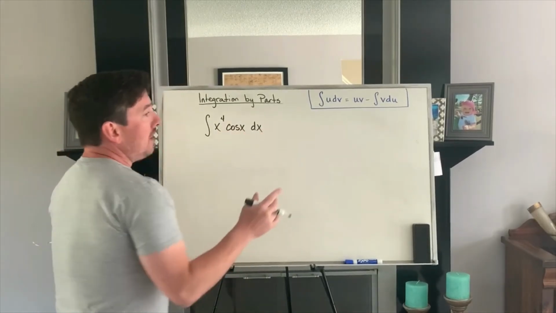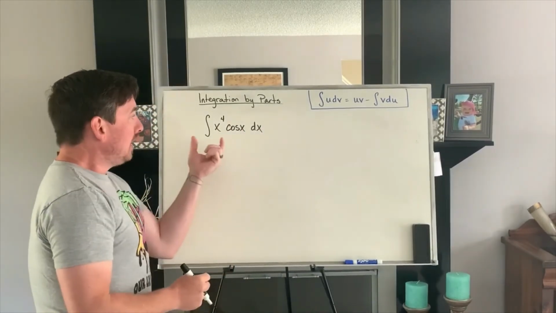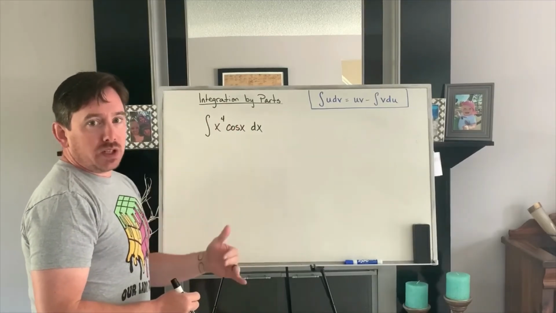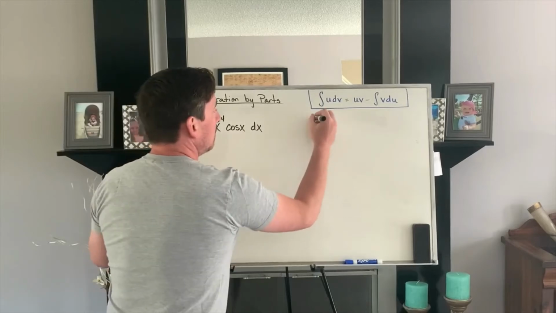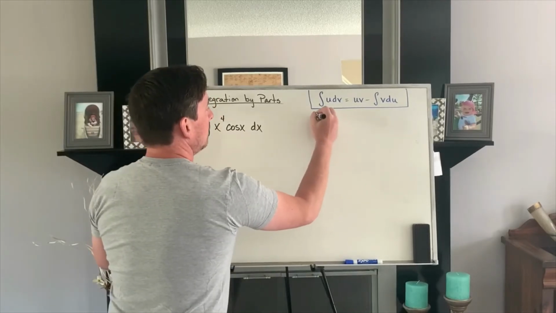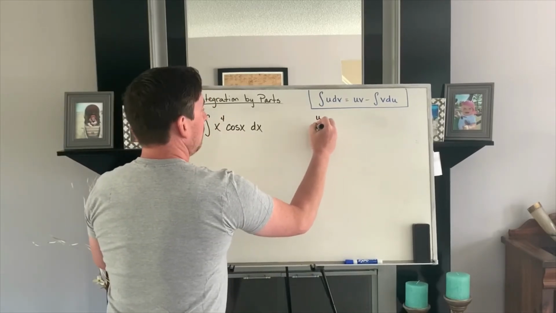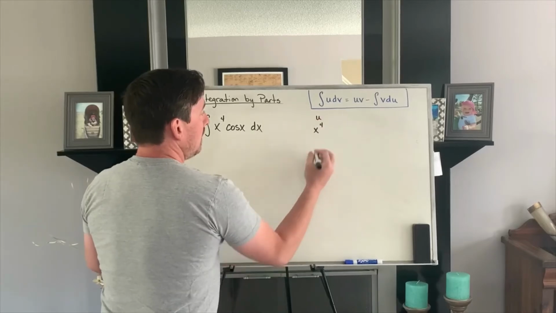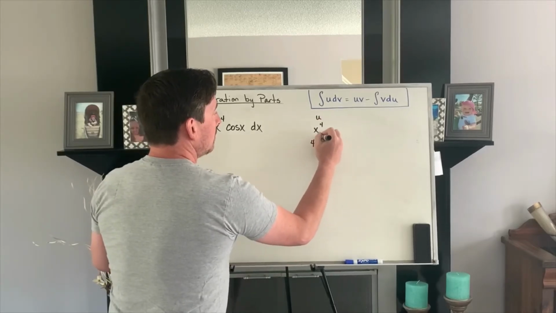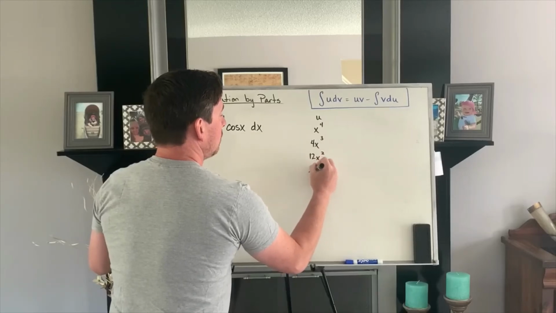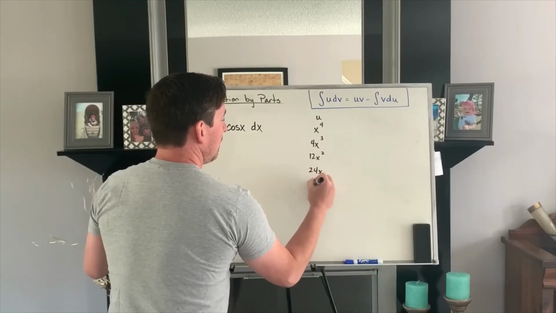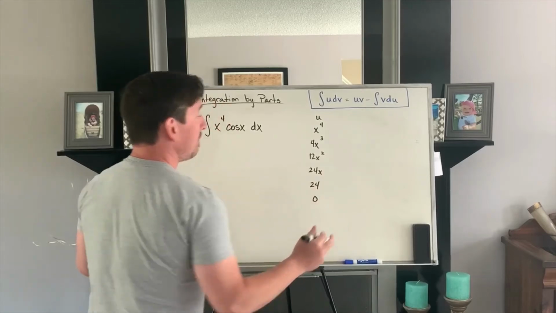So this only works if one of the pieces eventually goes to 0. So pick the piece that goes to 0. Here are all of my u's. Let's start with x to the 4th, and then it becomes 4x cubed, and then 12x squared, and then 24x, and then just 24, and then 0.